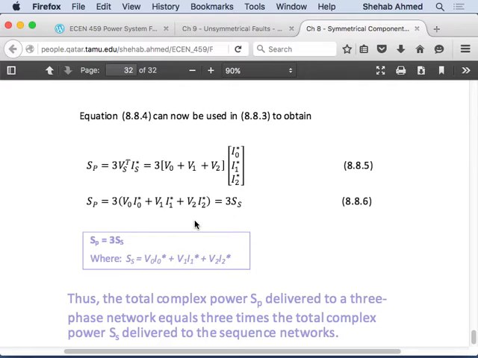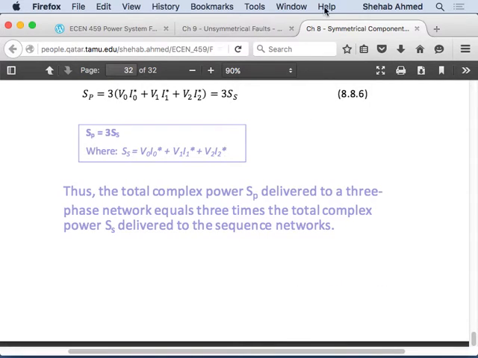Same thing for the positive and same thing for the negative sequence. We're okay? So the full power of a 3-phase system is equal to 3 times the power of the 3 sequence circuits, right? And that's what we have here. So any questions on this?